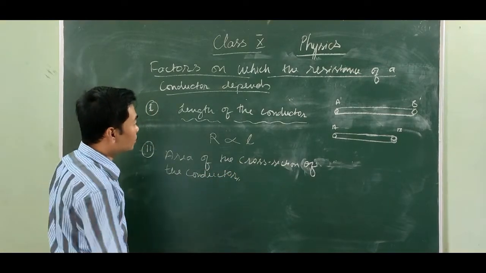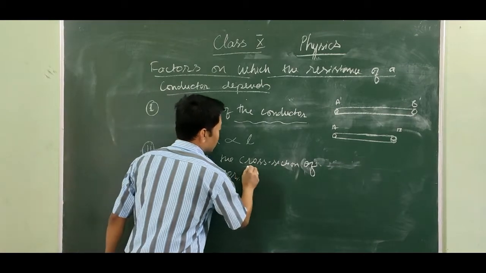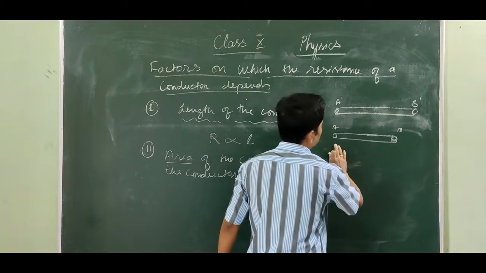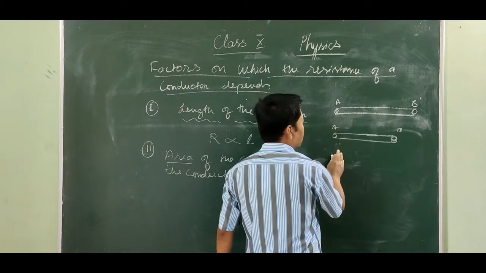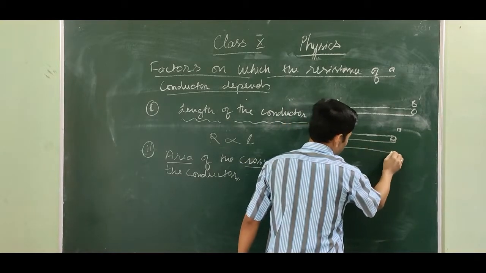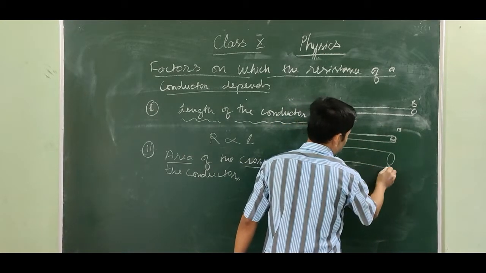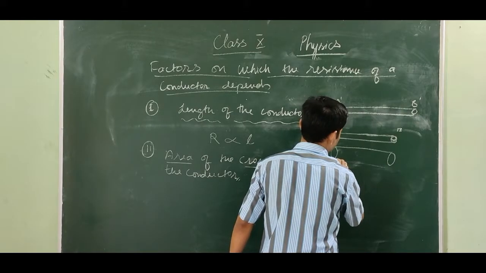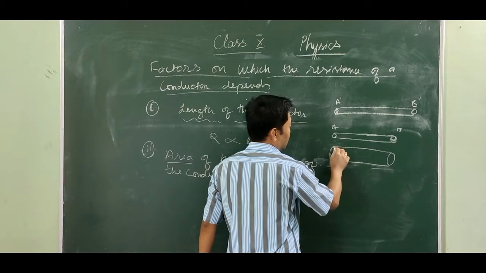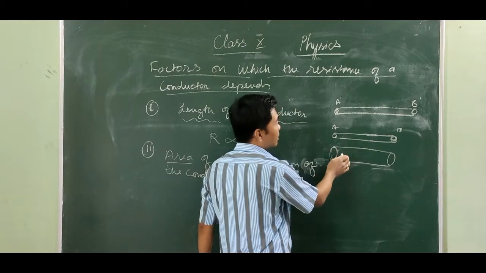So what do you mean by the area of cross section? Let's come back to the same conductor. This is the conductor, and another conductor here. So we have two different conductors.